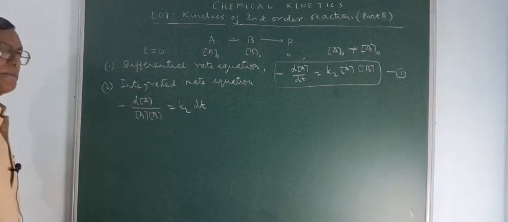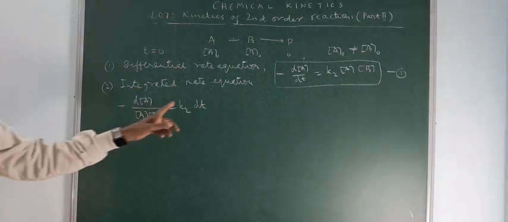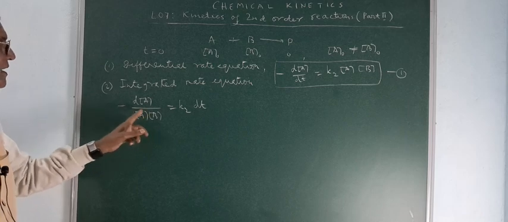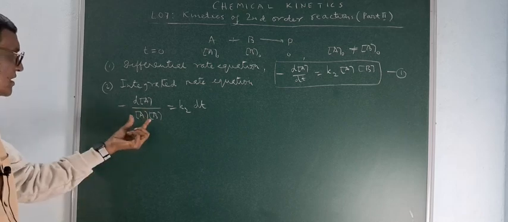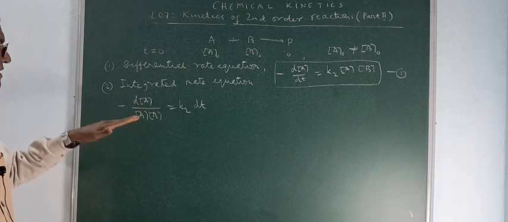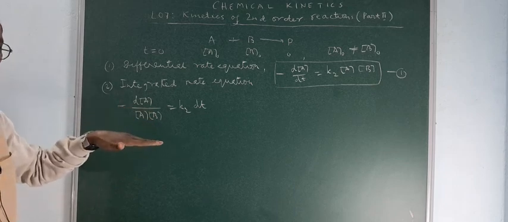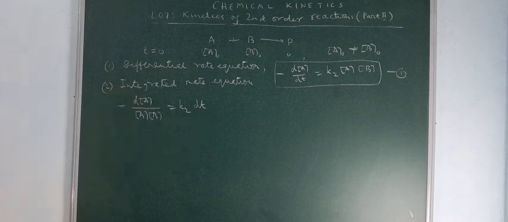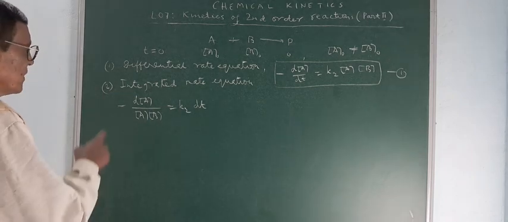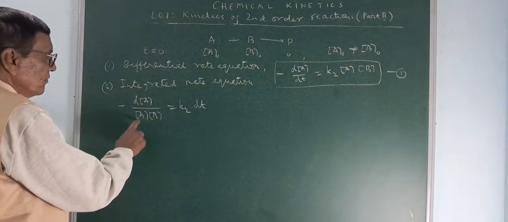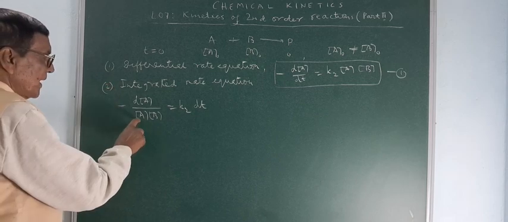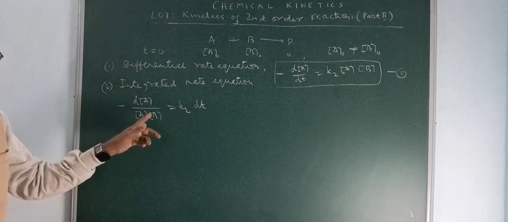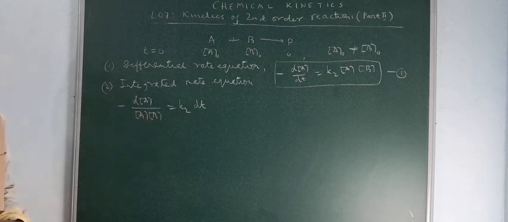This is the separation of variables. When T changes, the concentrations of A and B also change. These two are the concentrations of A and B which remain unreacted in this reaction vessel. So these are two variable terms. We have to replace one variable in terms of the other.